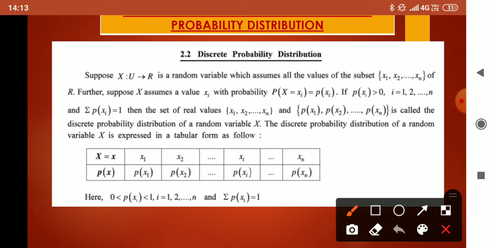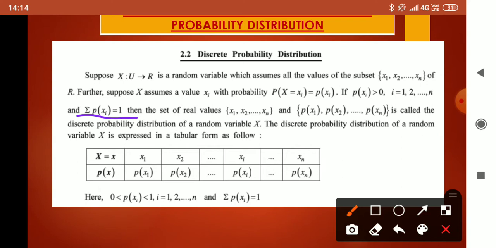And one thing is very important, it can also be asked in an MCQ: sigma p(x) is equal to 1. Okay, sigma p(x) is always equal to 1. That means whatever your sum will be, your total will be 1. You all know that the total probability is always 1.